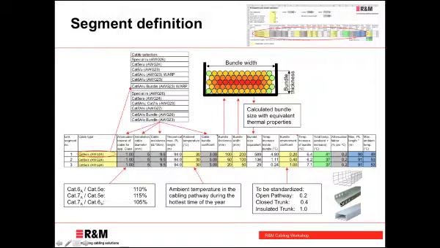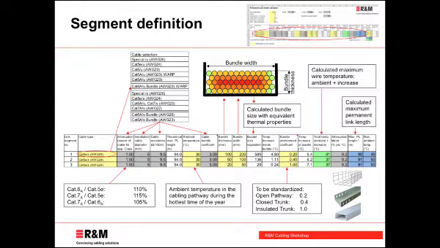If we have an open trunking system with no air being able to go through, we have probably a 0.4. And if you have an insulated trunk, like a plastic trunk, we have around a factor of 1. So this is something that you have to put in according to your planning in your real project.